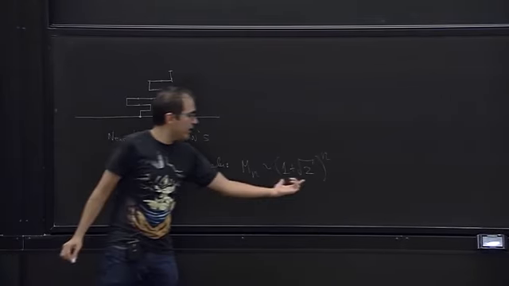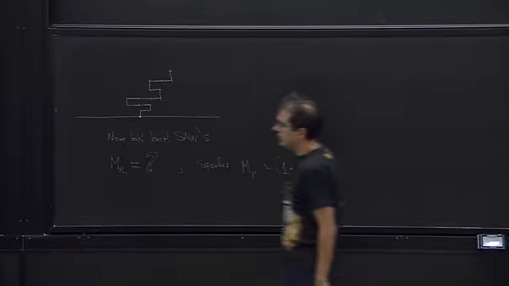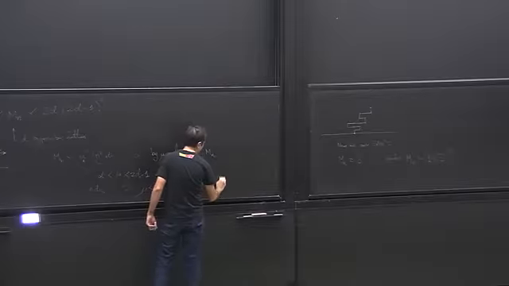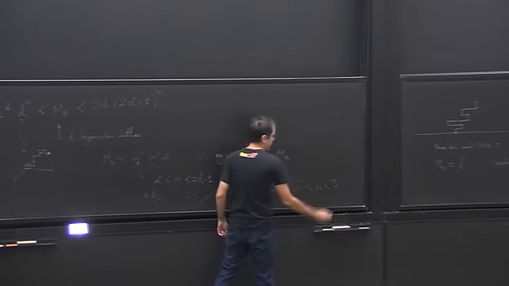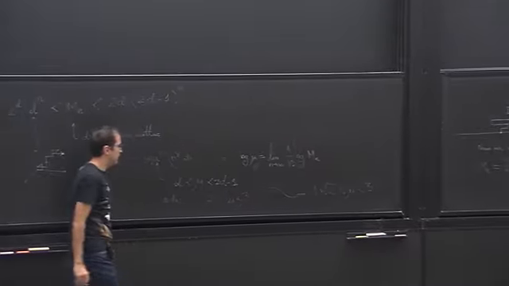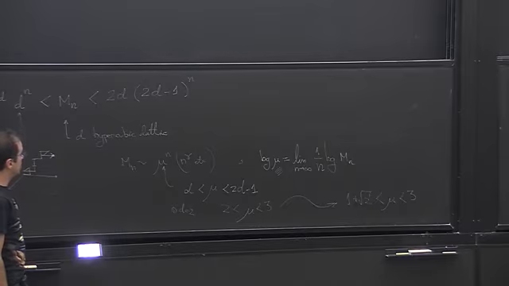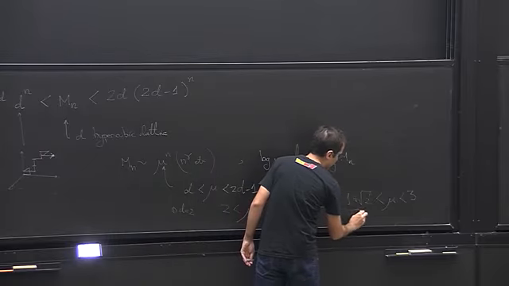And therefore, we can immediately improve our bound and say that this bound here will be improved right away to 1 plus square root of 2 for mu. Wow, yeah, so this is roughly 2.4.